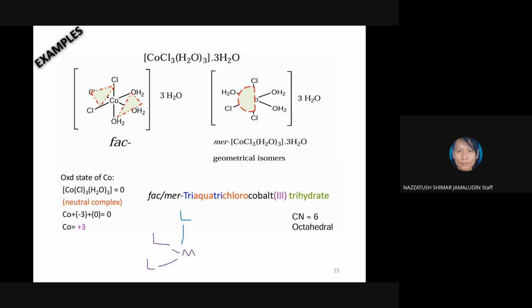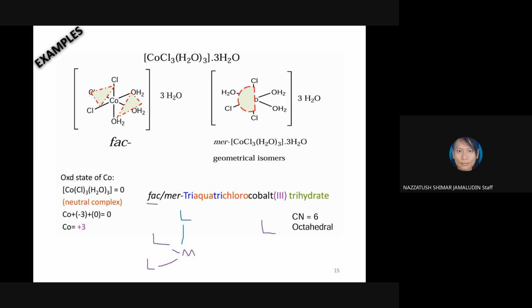When all these 3 ligands are 90 degrees to each other, they are all cis to each other, you will name it as FAC. FAC, tri-aqua, tri-chloro, any name.